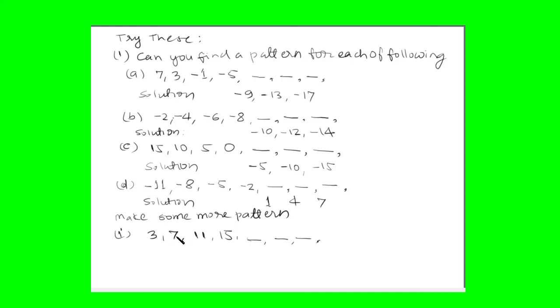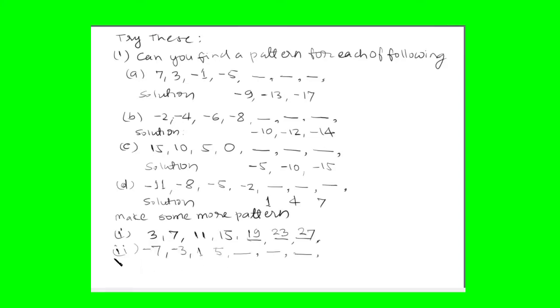We add 4 to 7, we get 11. We add 4 to 11, we get 15. So our next number will be 15 plus 4, which is 19. 19 plus 4 is 23. 23 plus 4 is 27.